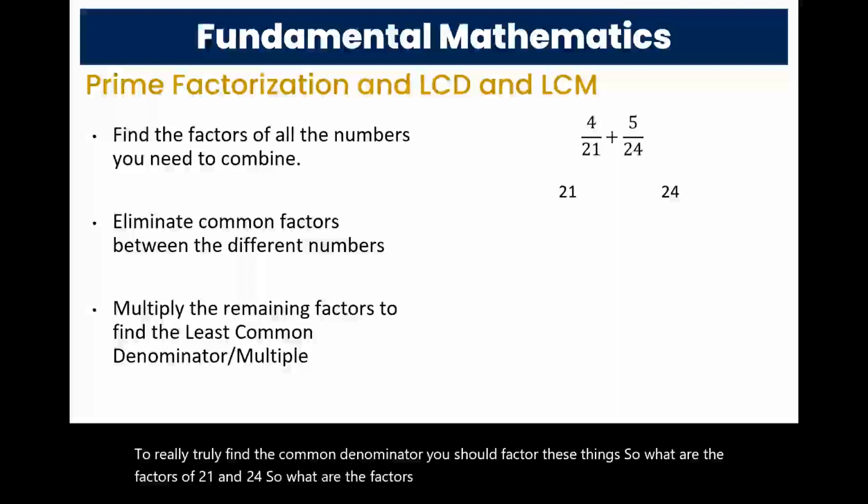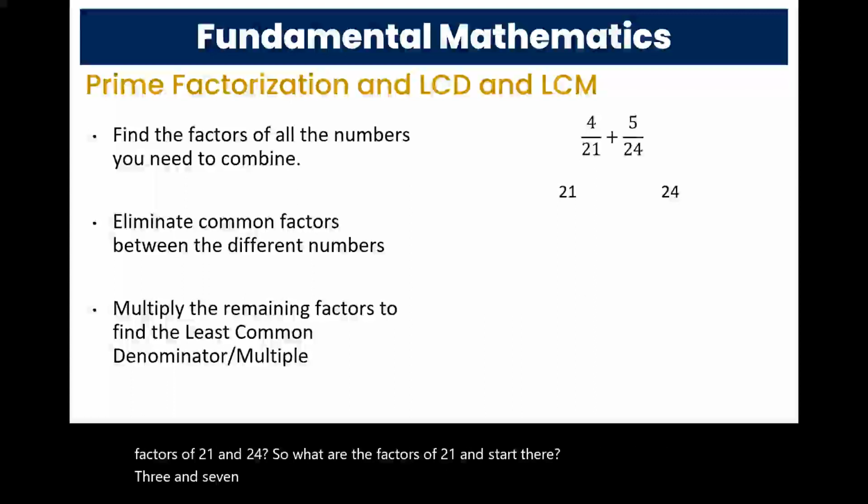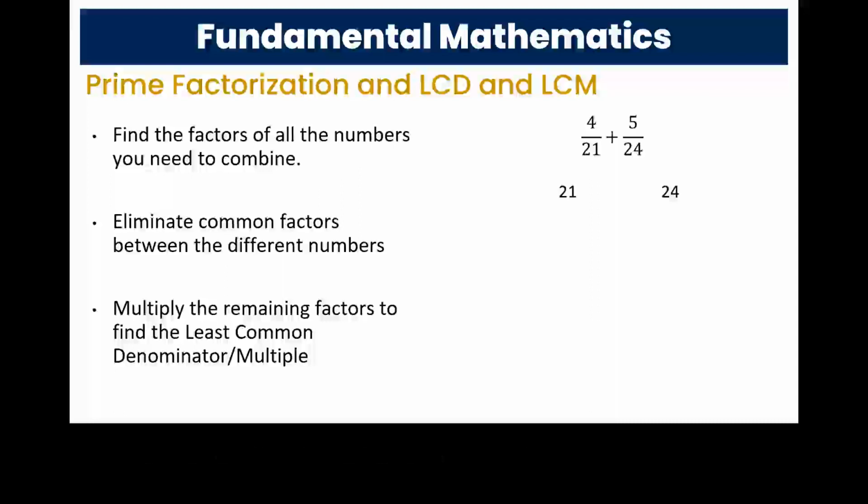Let's start there. 3 and 7. And what are the factors of 24? 2 cubed times 3.